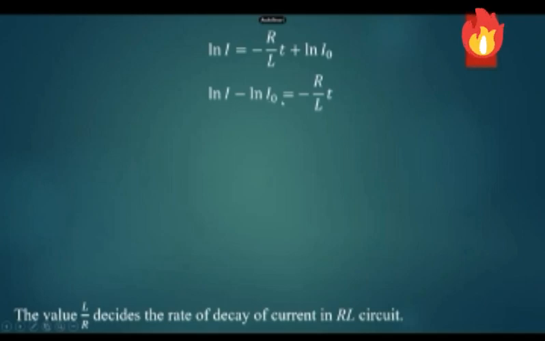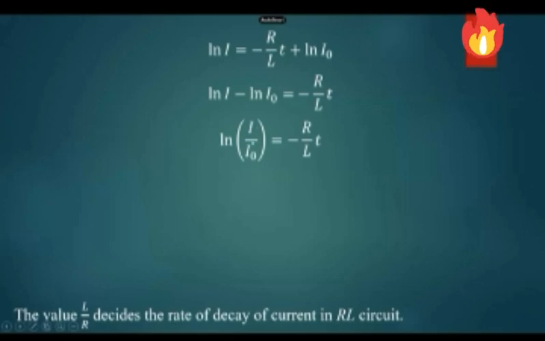You will get ln of I minus ln of I naught, which is equal to minus r by L into t. This is of the form ln of m minus ln of n, so that will be ln of m by n. So, this will be ln of I by I naught, which is equal to minus r by L into t.